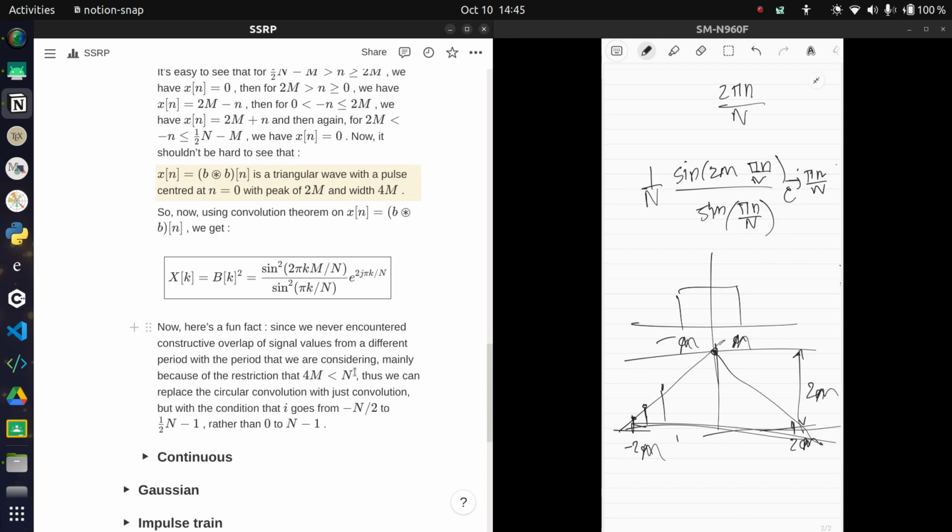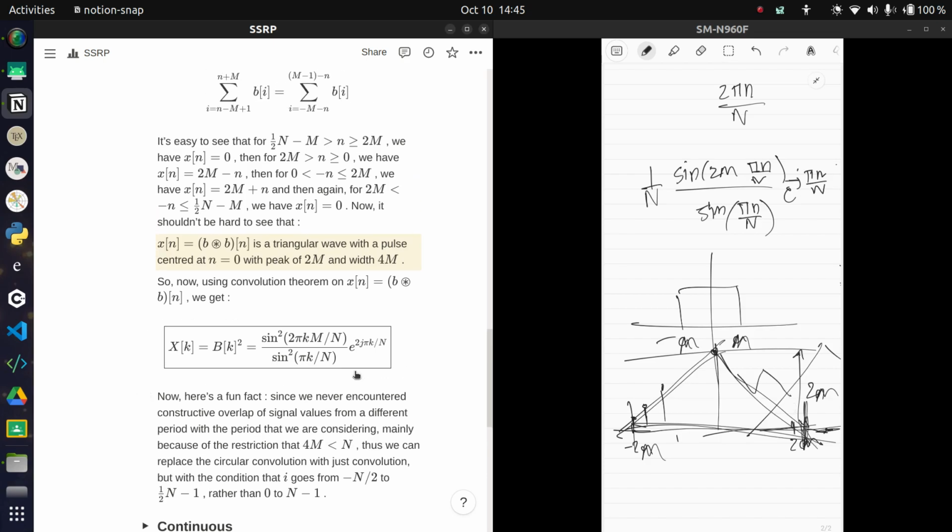If that happens, then this is the appearance that you'll be getting, because if 4m occupies more space than n, then you just have these periods overlapping with themselves. So the linear convolution and circular convolution should match. If they don't match, make them match by restricting m to less than n by 4.